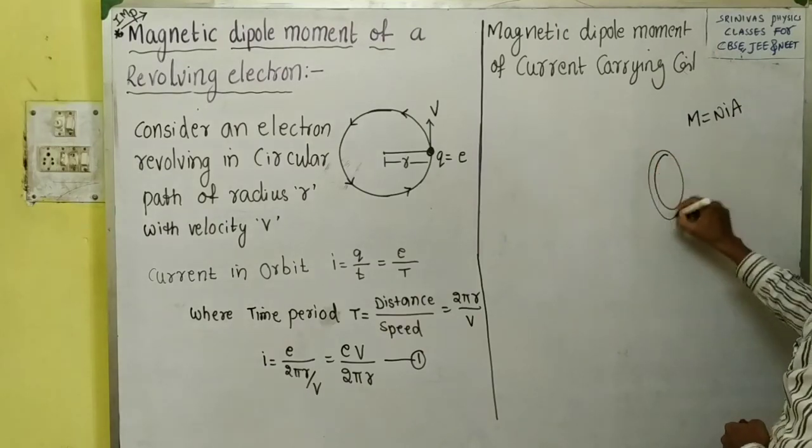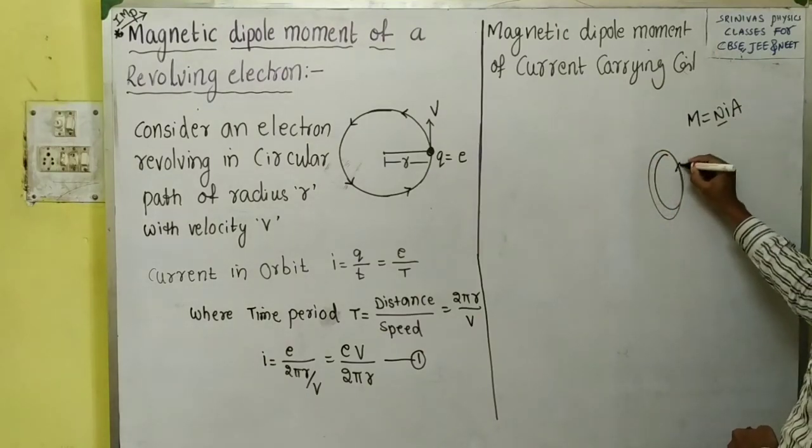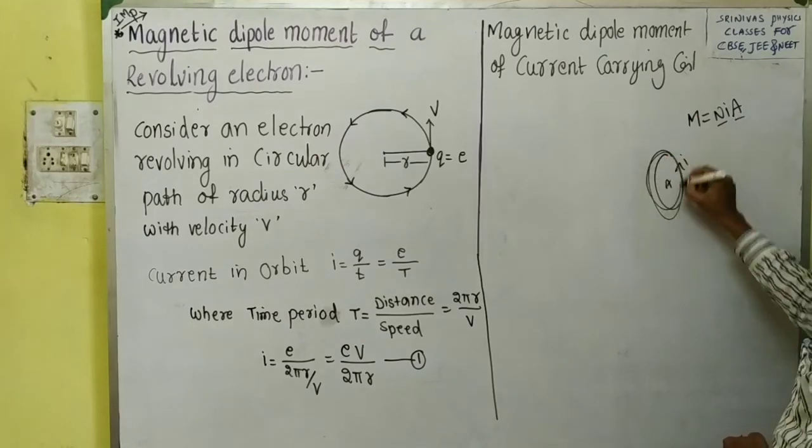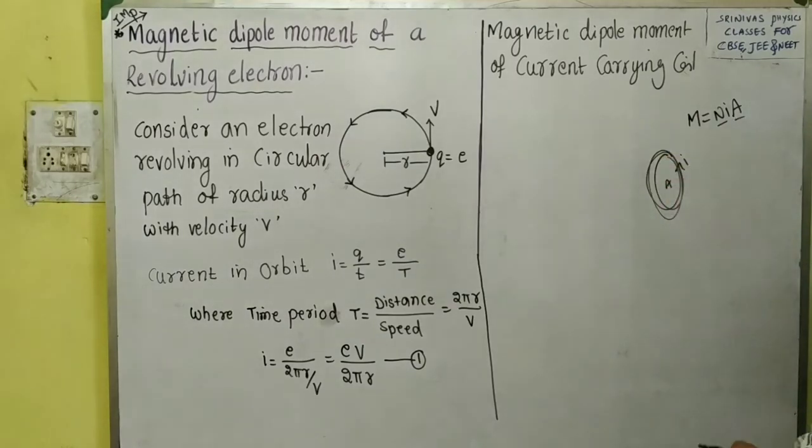This is a coil with N turns, the current in it is I and the area of the coil is A. Then the magnetic moment formula is NIA.